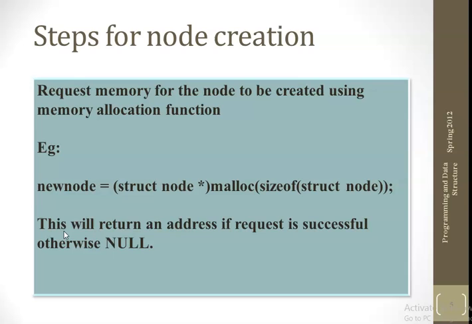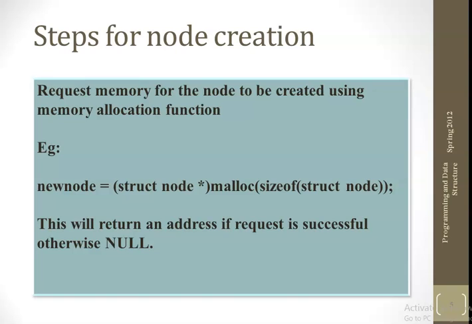Now after making the declaration of the structure, we should request memory. We have already defined that a linked list is having a dynamic nature. Whenever we need a memory location or memory space, we can make a request for that space and form a node.